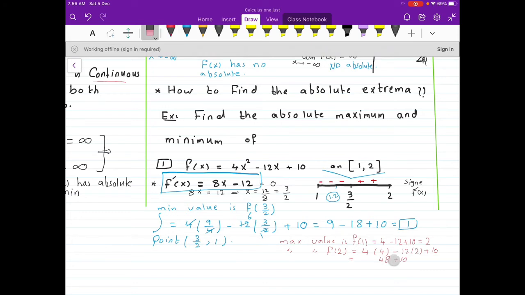So this is equal to 16 minus 24 plus 10, which is 2.